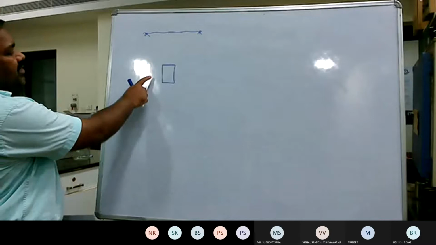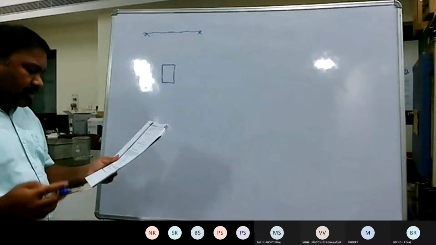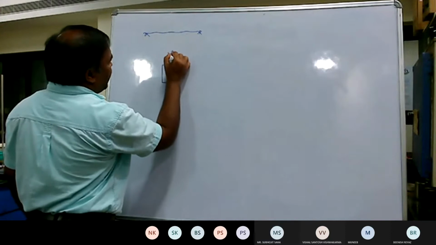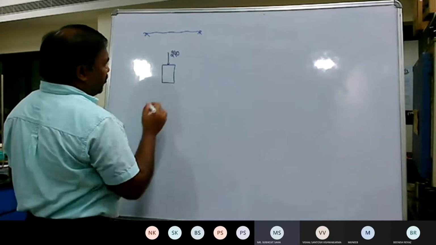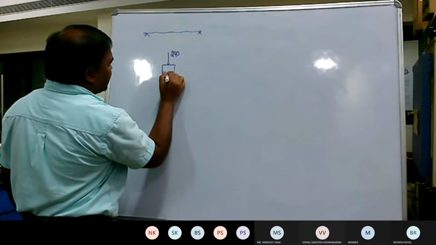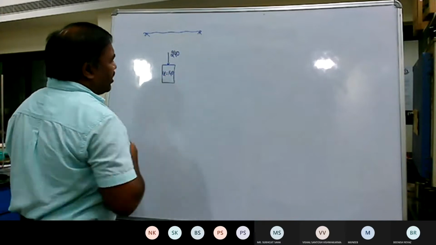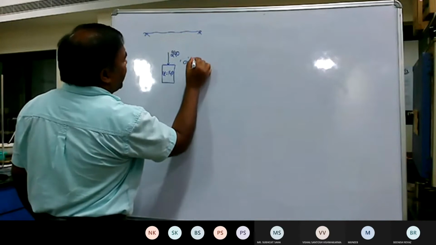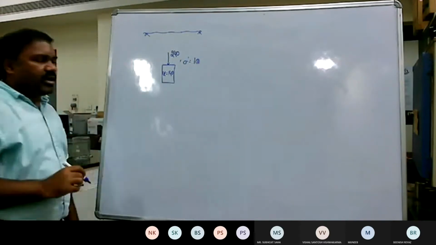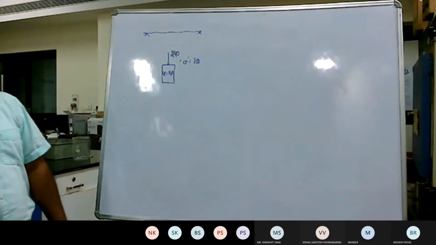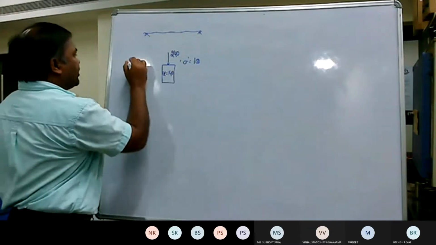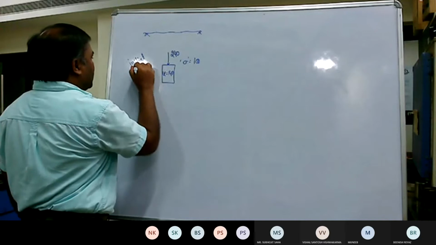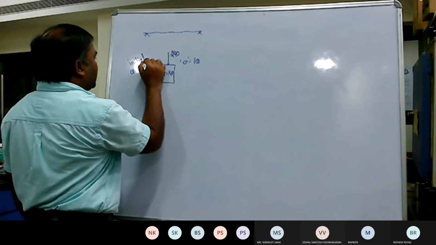So when the sample is in the ground, it was subjected to a total stress of 240 kilopascal, and the pore water pressure of 140 kilopascals, and the effective stress of 100 kilopascals. Okay, so this is the initial condition.